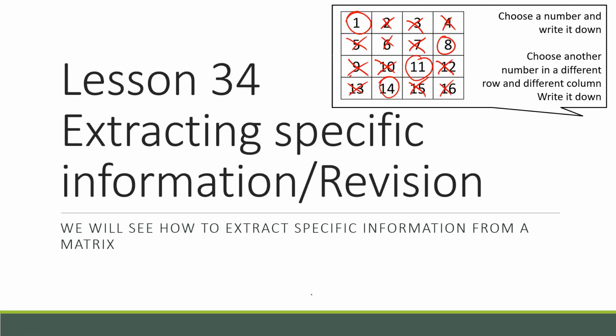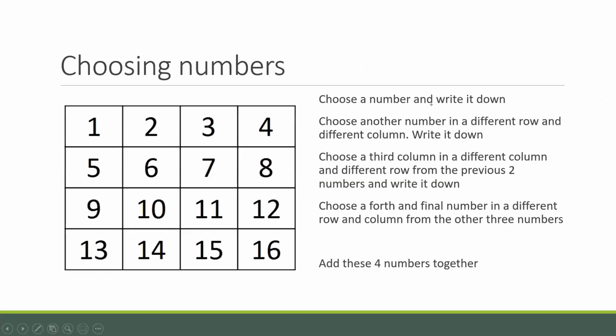So our numbers are 1, 8, 11, and 14. Okay. Now, I want to show you guys what's the power of this. If you take these numbers, 1, 8, 11, and 14, you can add these numbers together.